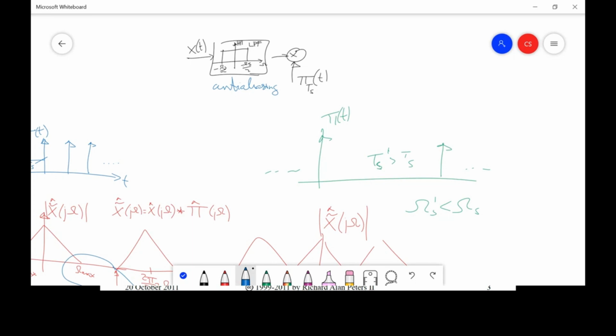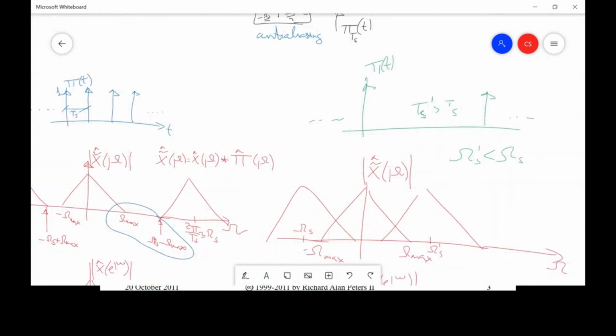So before sampling, make sure that the spectrum's maximum frequency is omega s half. For instance, let's say that with Ts prime, we don't fulfill this Nyquist condition.